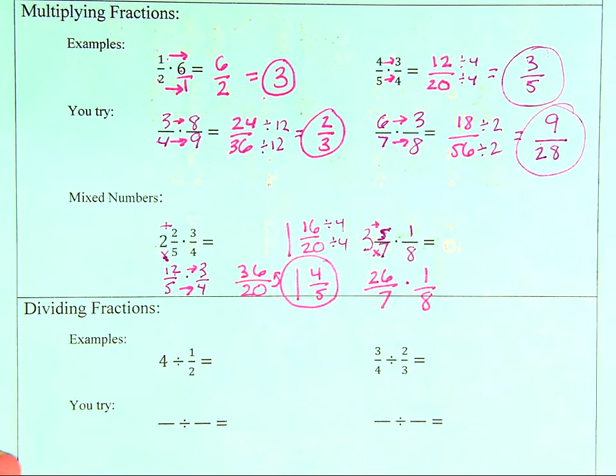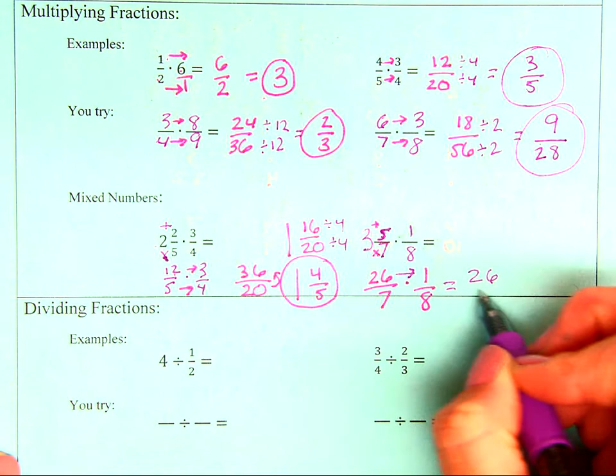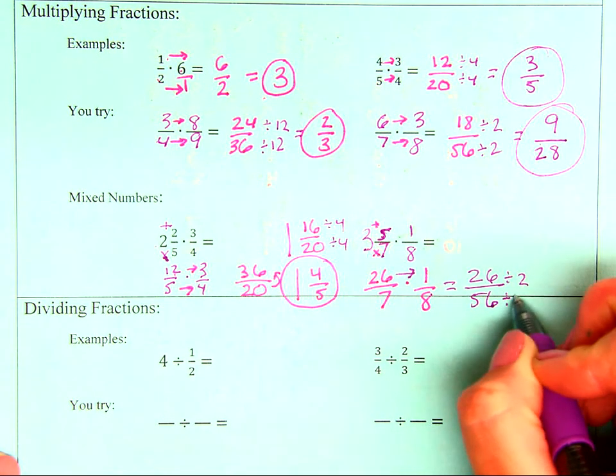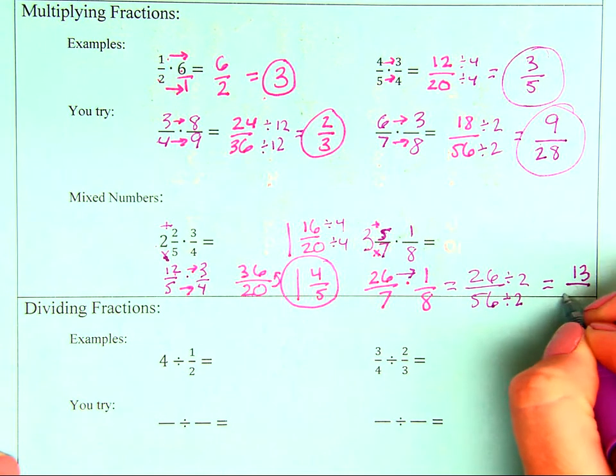We're going to multiply straight across. 26 times 1 gives me 26. 7 times 8 gives me 56. I can divide both the top and bottom by 2 to reduce to get 13 over 28.